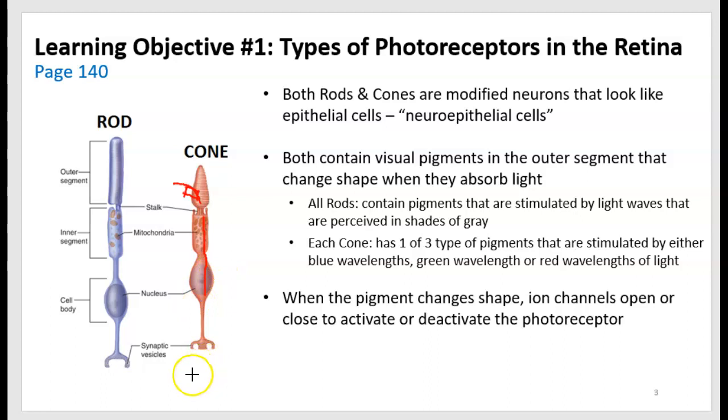Usually, what we'll refer to in this lecture anyway, is that the cone or the rod will release a neurotransmitter. Okay, so once the visual pigment has been stimulated, this photoreceptor is activated to release neurotransmitter, or it's also possible that it's deactivated. But we'll just go with activation because it's easier to comprehend.